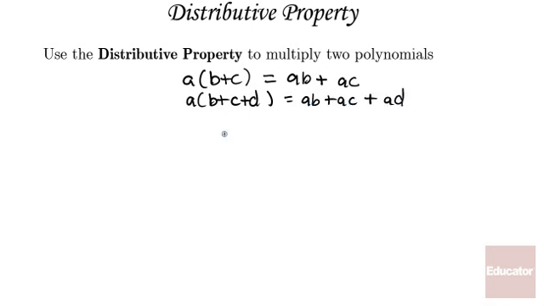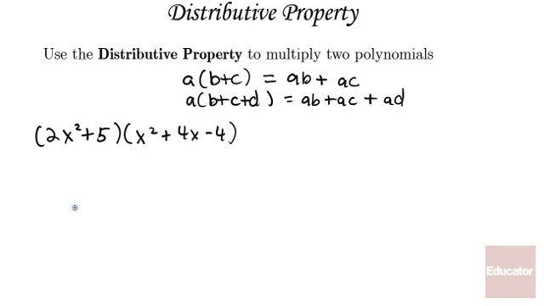So the same underlying property applies. Thinking about applying this to the multiplication of two polynomials, you could have an expression such as 2x squared plus 5, a binomial, being multiplied by this trinomial.